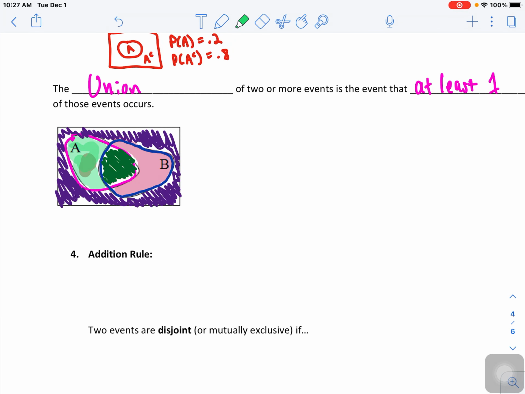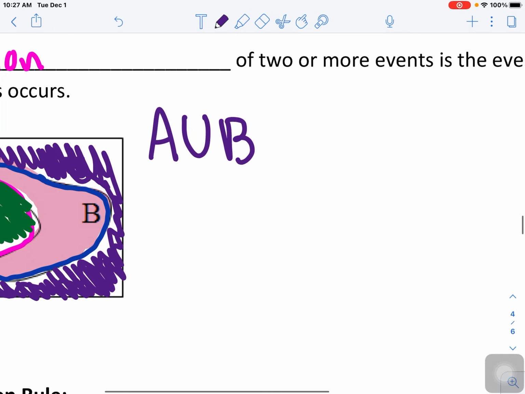All right, so when we talk about the union, we're talking about the probability that at least one of these events occurred. So if I said, hey guys, let's look at the union of event A and event B, we would denote that by this little U looking thing.